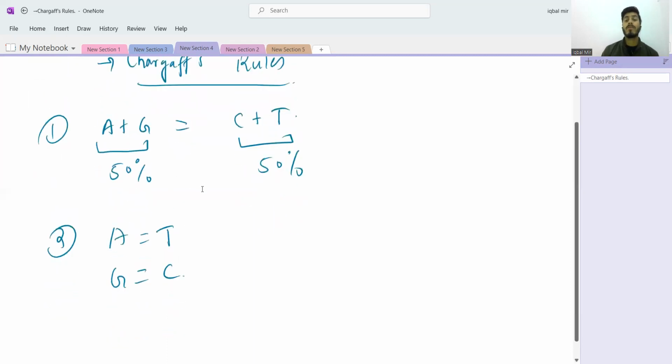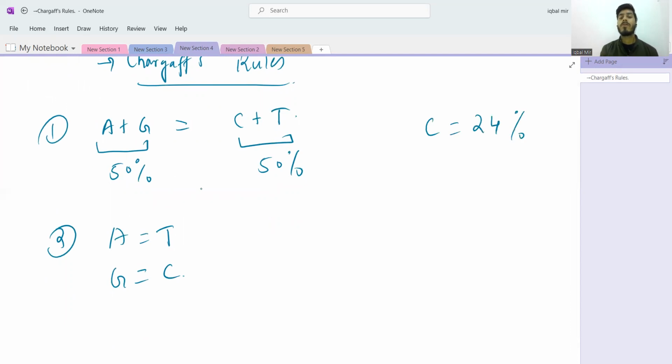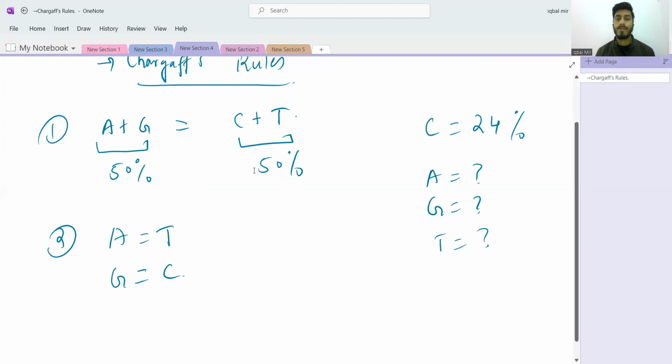For example, if the question comes that inside a DNA, the cytosine is 24%, you have to determine the percentage of adenine, guanine, and thymine. And you can answer it. Hurry up. So it is very simple to calculate. Cytosine is equal to 24%. If cytosine is 24%, guanine is also equal to 24%.